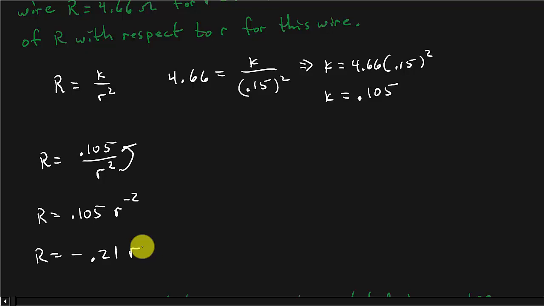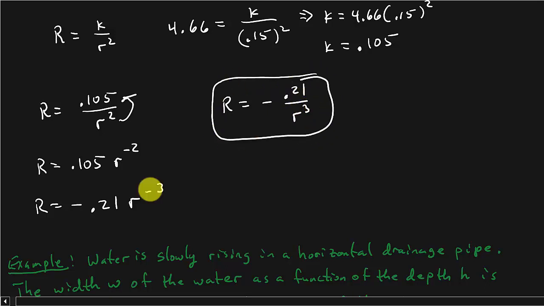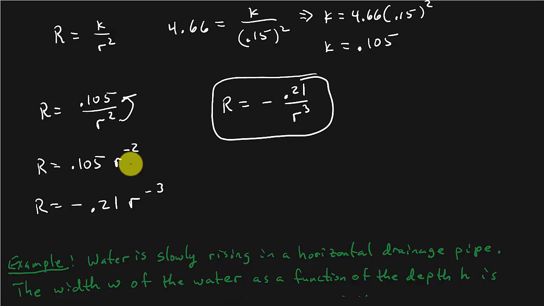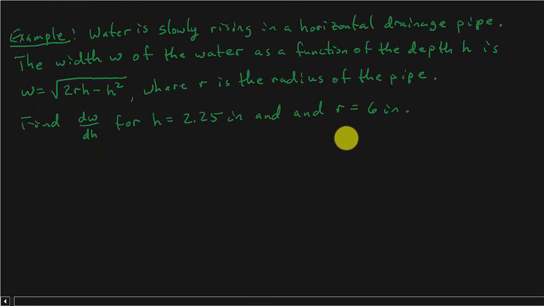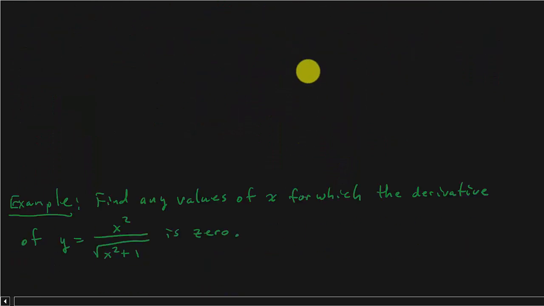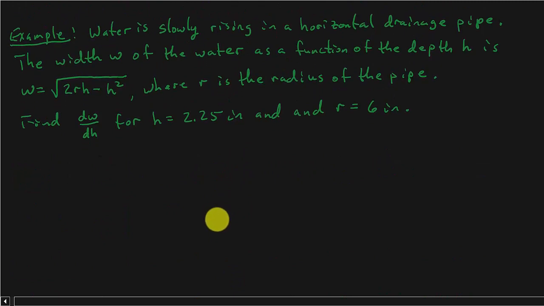Well, I subtract 1 from the exponent, so that's negative 3. And so that's going to give me R prime equals negative 0.21 over r cubed. I moved the r to the negative 3 back down to the denominator to make the exponent positive. All right, so let's look at this one. Is this the last one? No, we've got one more after that. Okay, but this is fun. Keep watching.